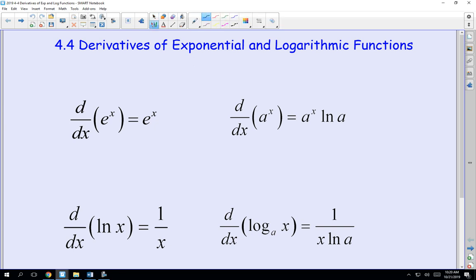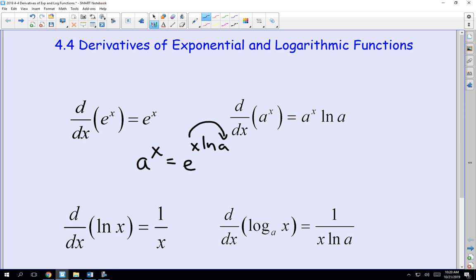So you can write a to the x as e to the x ln of a. Remember that we can move the x out over here, and so the e to the power of ln undo each other, leaving you with just a to the x.